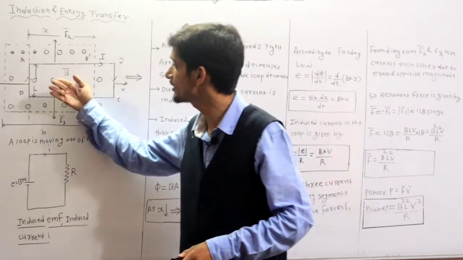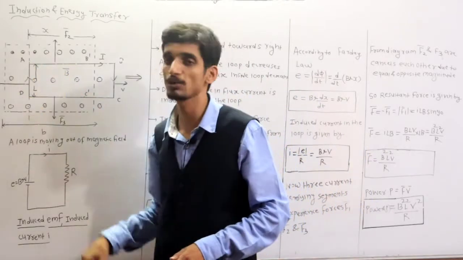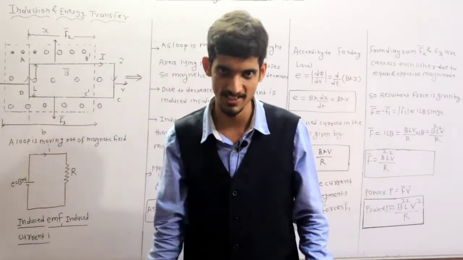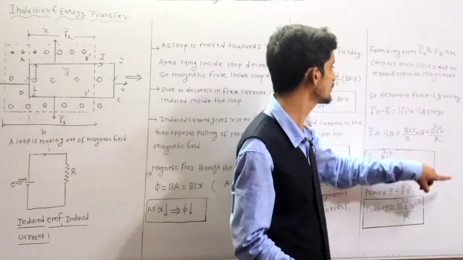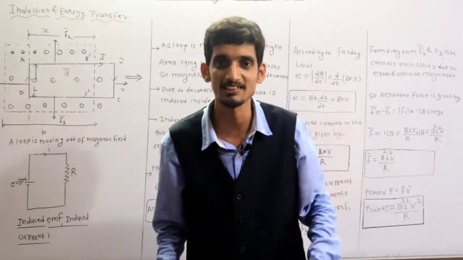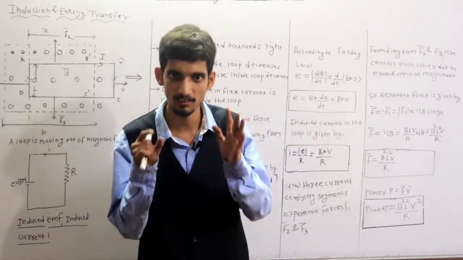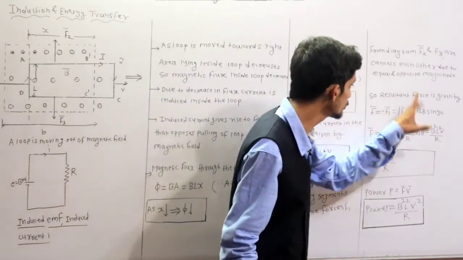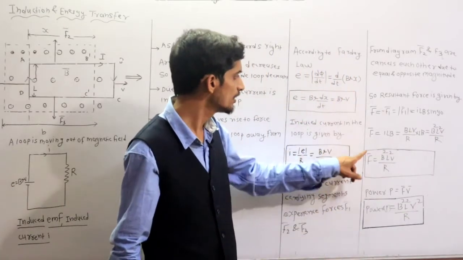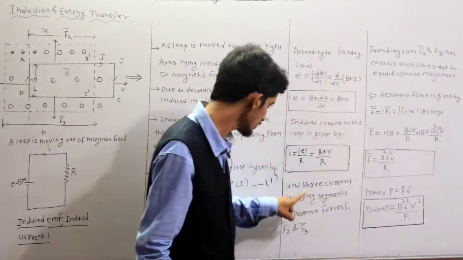In this case the magnetic field is outward and the length is vertical, so the angle is 90 degrees. That's why it experiences the maximum force, ILB, as sin theta is 1. Clear? That's why F is equal to ILB. Now we know the induced current is BLV by R.